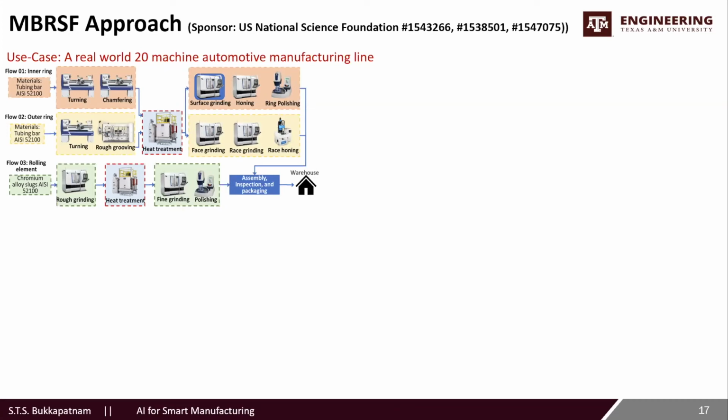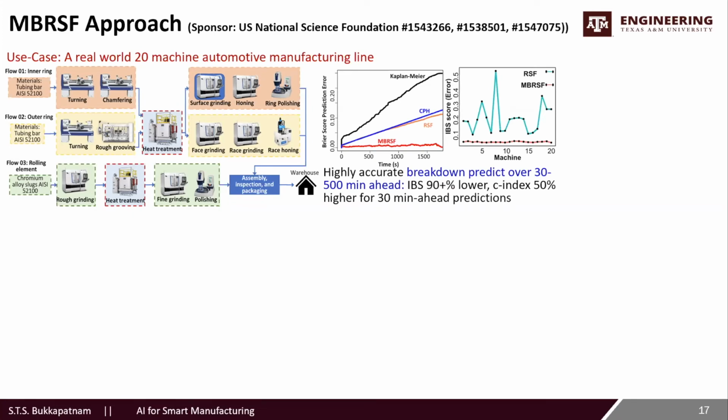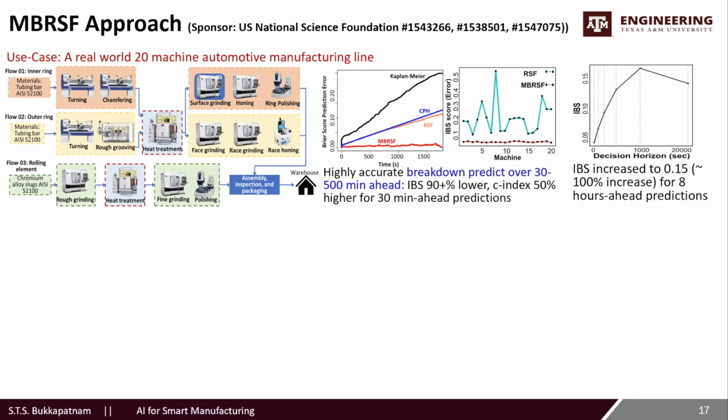And in one of our earlier projects, we addressed the same thing. Without going into the details, details can be gathered from some of the publications that I'm going to lay out at the end of this conversation. We can go at the beginning of any shift of a manufacturing line, and the typical assembly line can have 20 different machines.